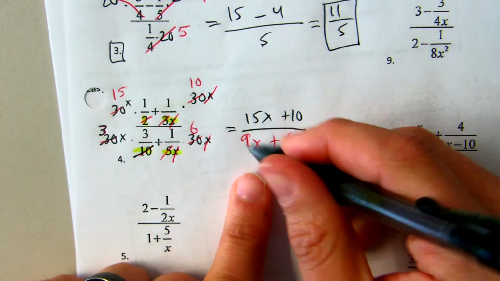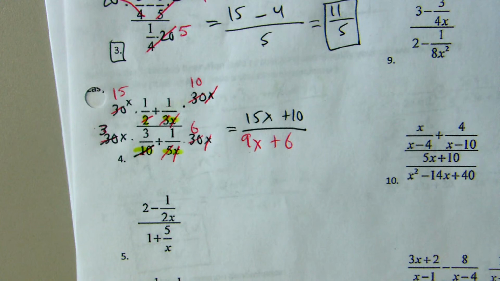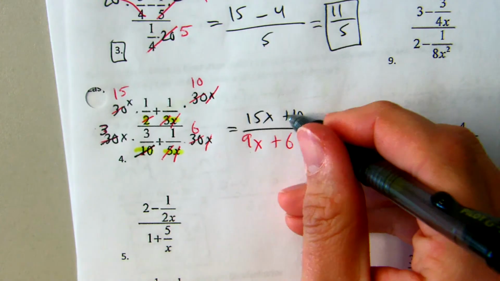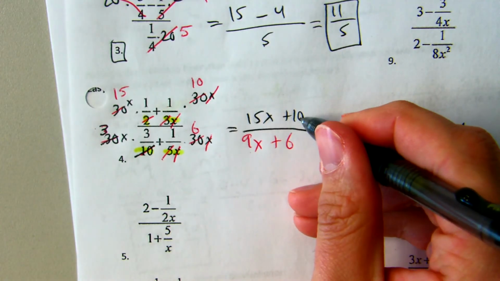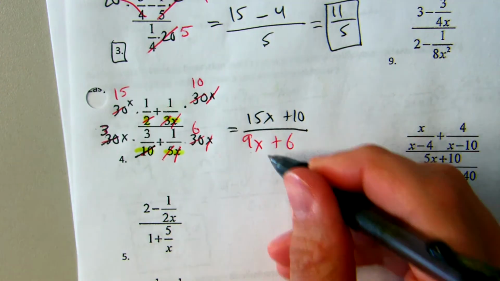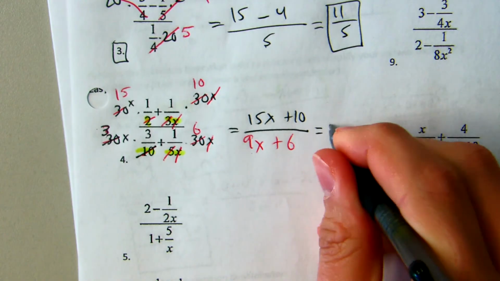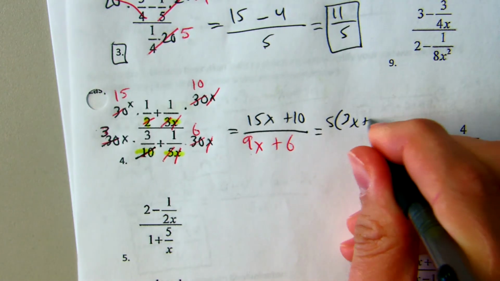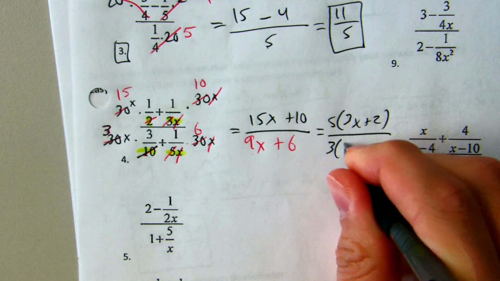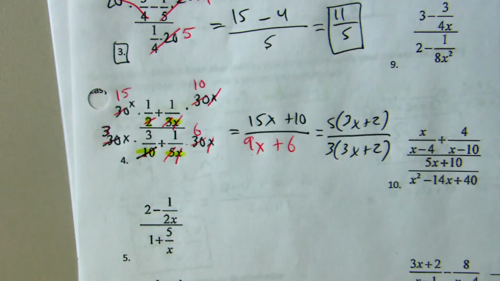And you do need to be careful that nothing else will simplify here. You need to consider, if you took out a GCF here of 5, and you took out a GCF here of 3, see what happens when I did that?